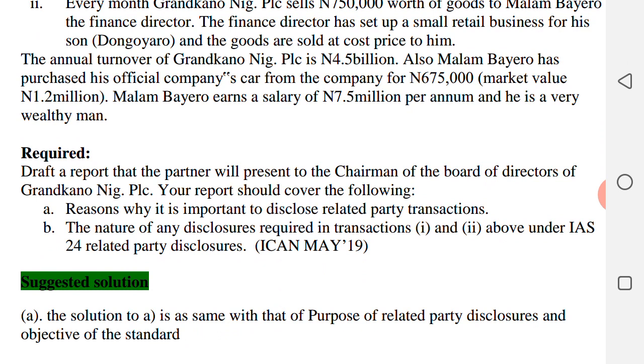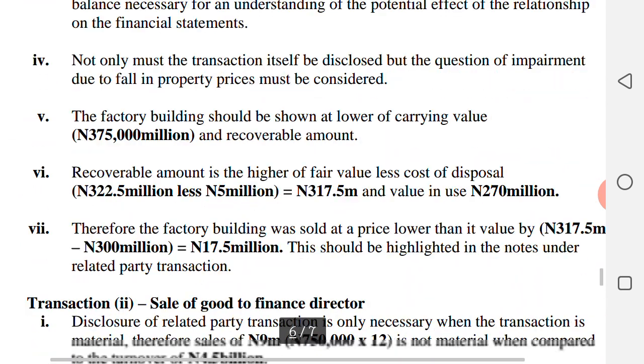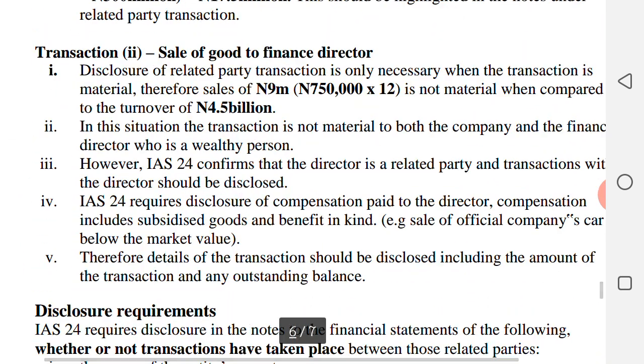So it does not affect it. So we might not disclose this as a related party transaction because of the materiality. It's not significant.